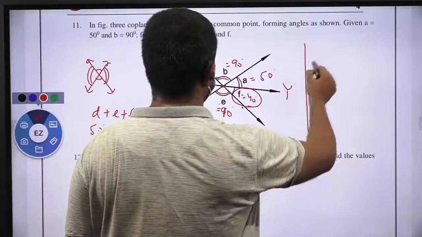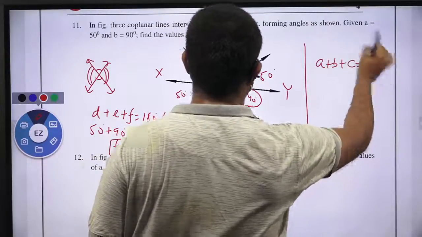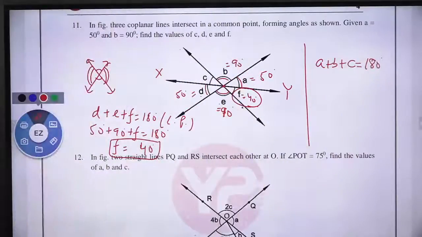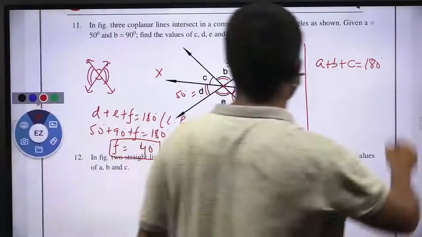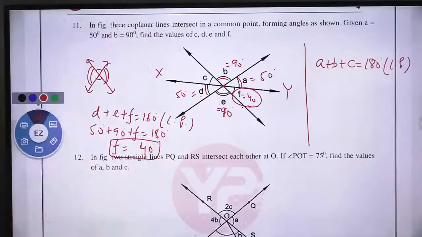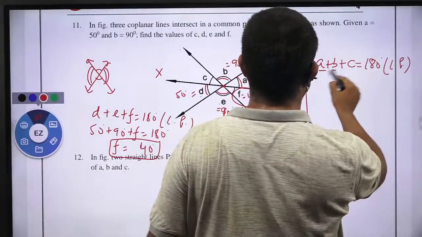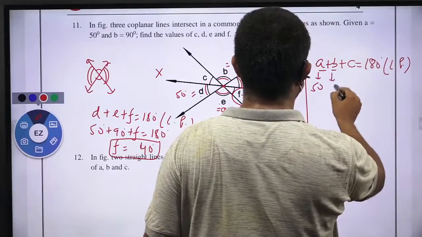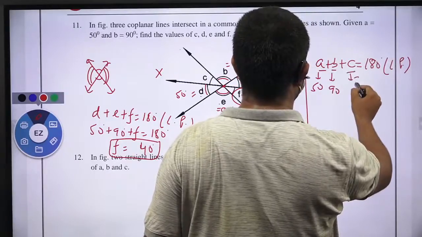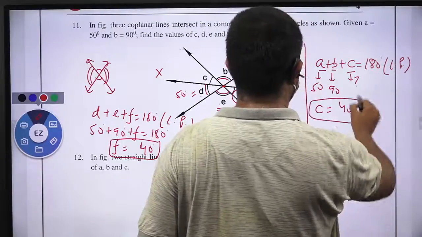Again, A, B, C will also form a linear pair, two rays opposite to each other. Yes or no? A and B we are given as 50 and 90. That is 40 degrees, so 180 minus 140.